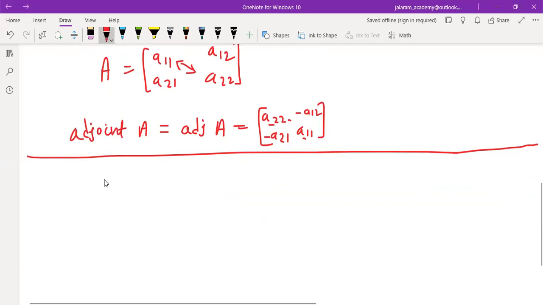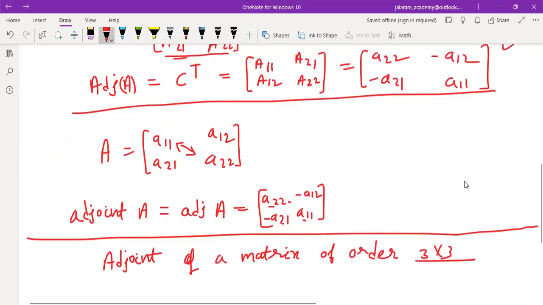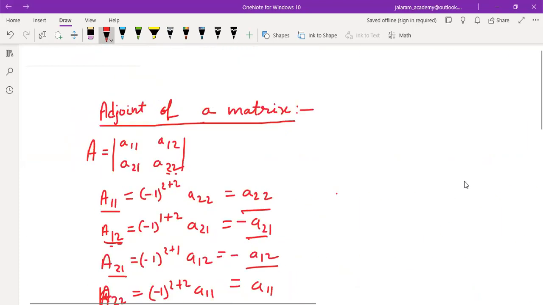Now we will discuss the method to find the adjoint of a matrix of order 3 cross 3. And remember, this time we cannot write it directly.